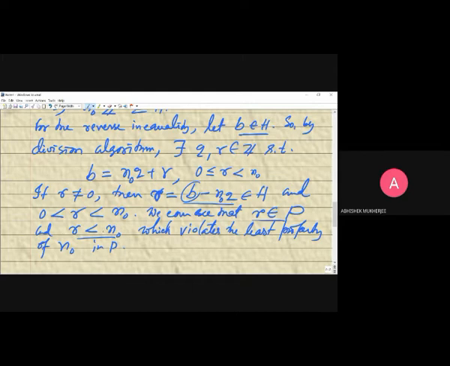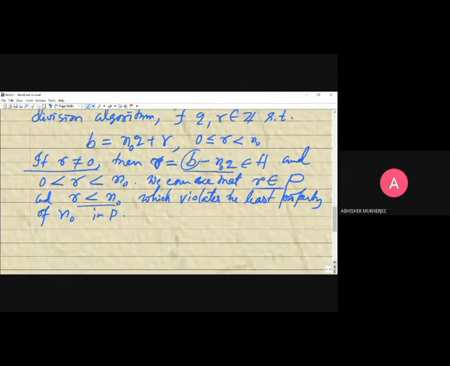So whatever we have assumed for R was wrong, right? So this leads to a contradiction. And hence R must be 0.